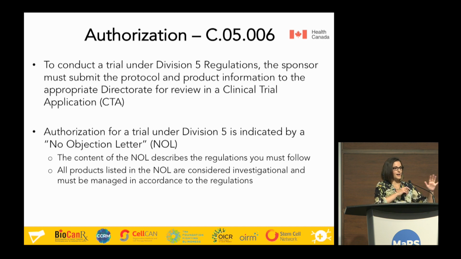So you're applying all your Division 5 guidelines, you're applying your TCPS, but you're also having to consider what your local regulations are, as well as any provincial privacy laws. All of these need to be considered and implemented into all the documents that you are going to be generating for the conduct of your trial.